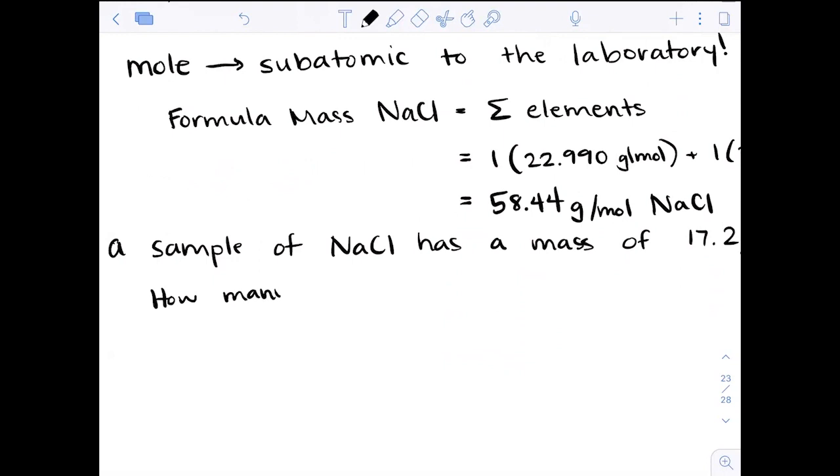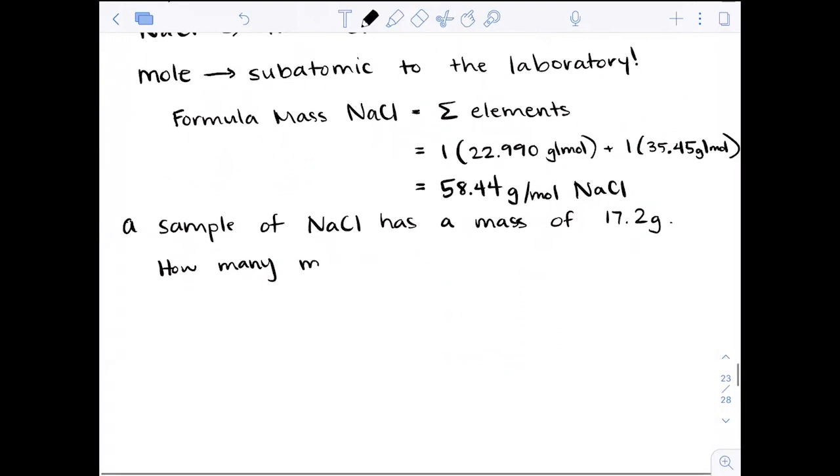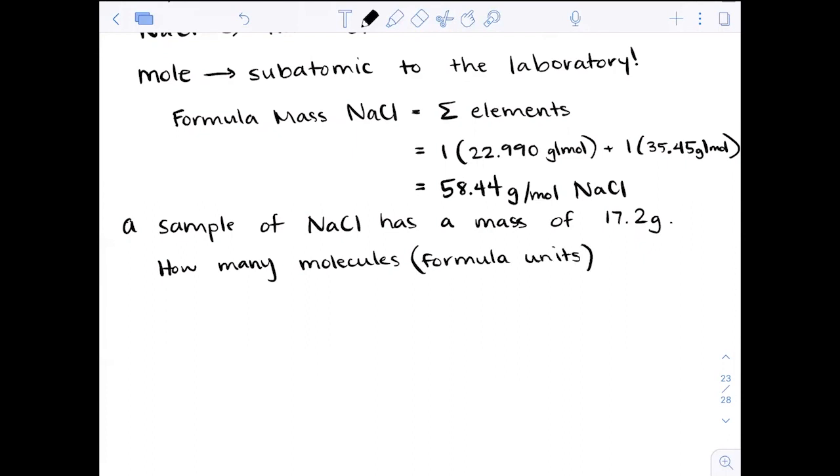How many molecules, or we can say formula units, of NaCl are there in the sample?